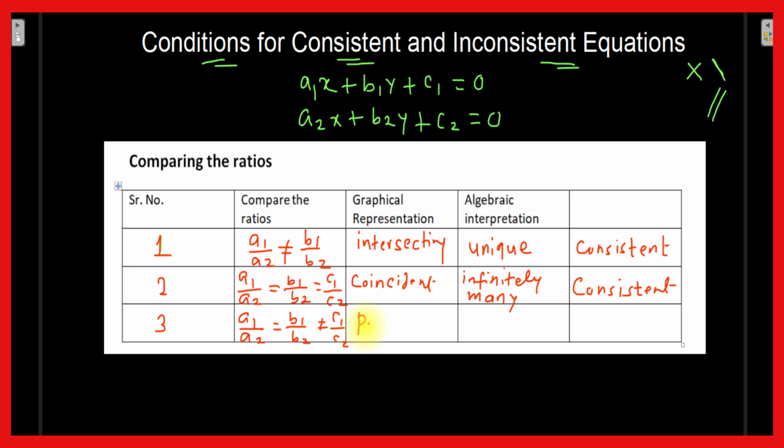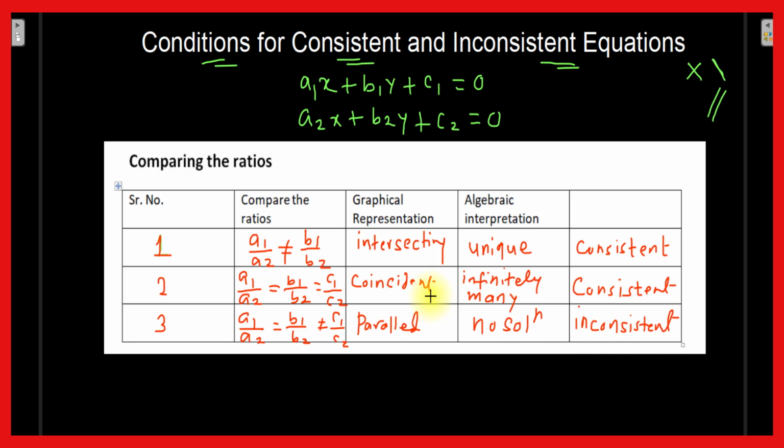Then the graphical representation will be what? Both equations will have parallel lines, and since both are parallel lines, it will have no solution. And since it has no solution, that pair of linear equations will be called an inconsistent equation.